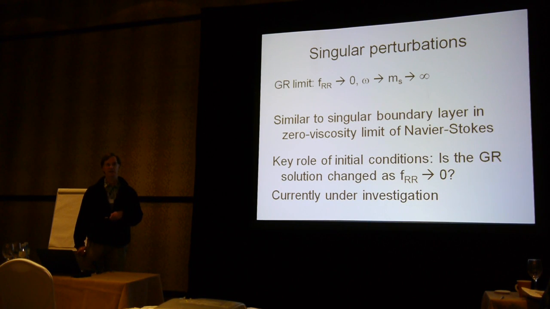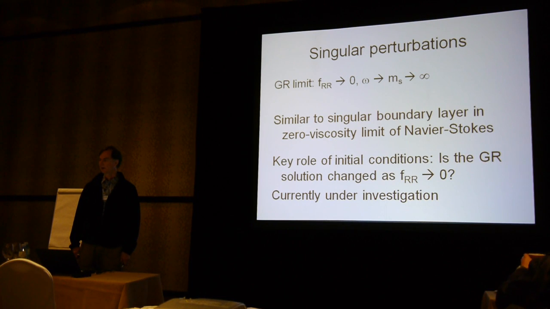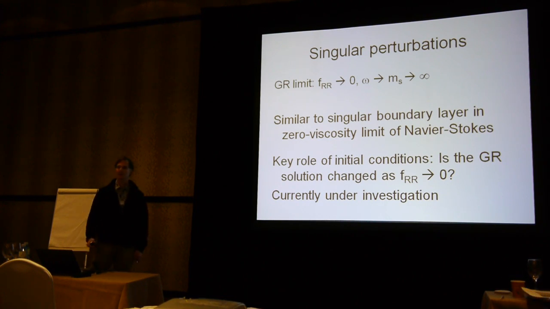There is, in fact, a classic analogy to this in fluid mechanics. It's called a viscous boundary layer. I mentioned last time the Navier-Stokes equations. These are the Euler equations of fluid dynamics, but with the presence of shear viscosity.